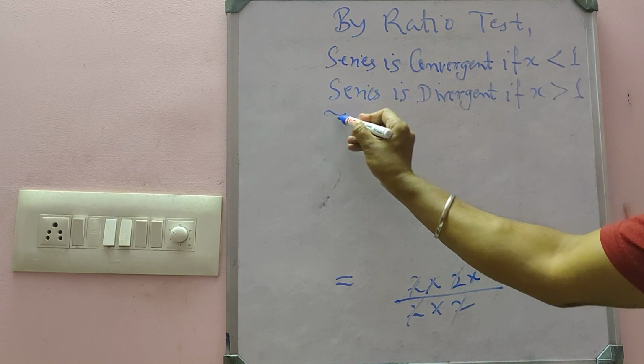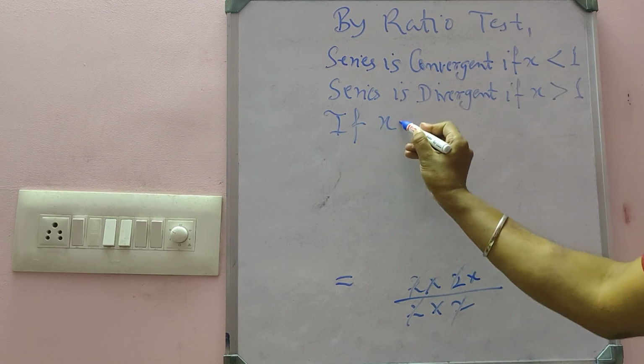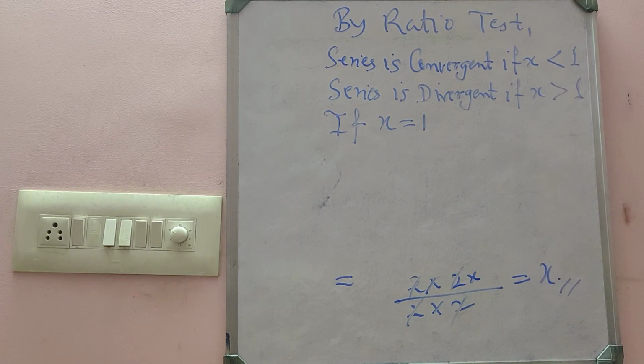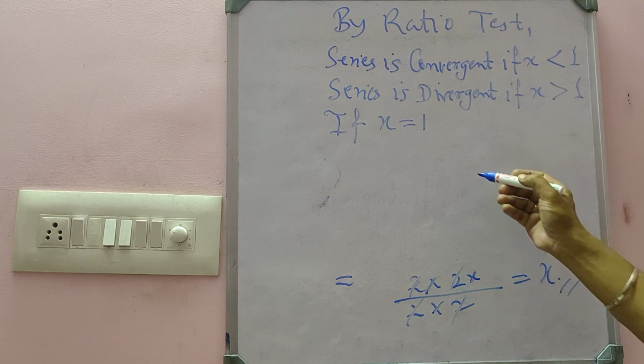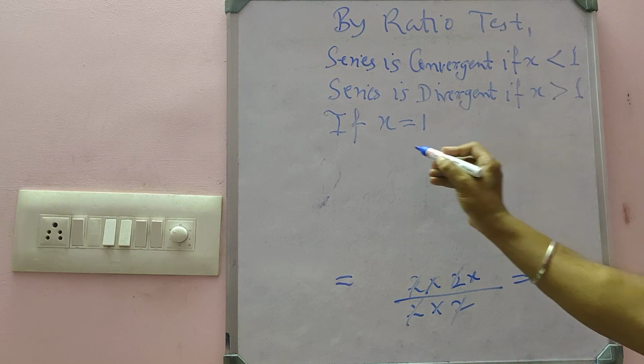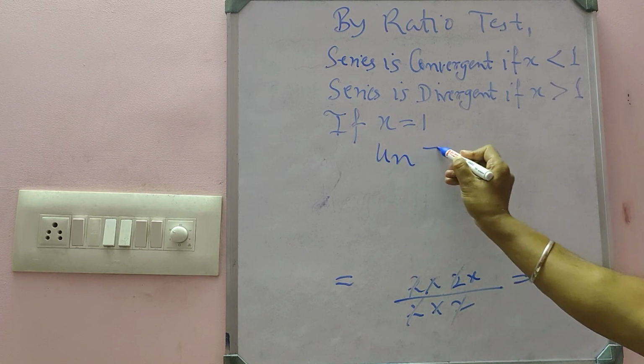Now we have to test if x equal to 1, then what will be? So if x equal to 1, I have told you earlier, we can use the comparison test. Here we will use the comparison test. So x equal to 1, what is our un?